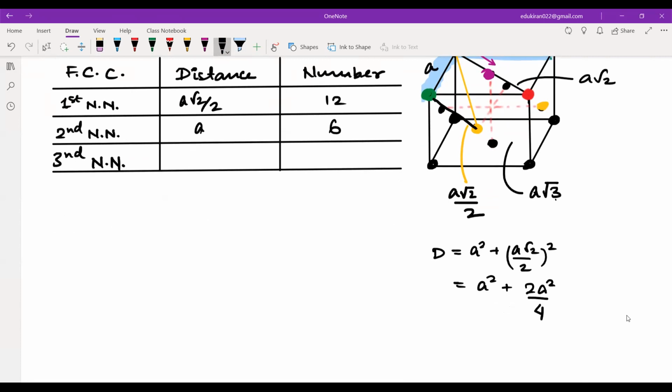Now it is correct. So this will be equal to 4A square plus 2A square divided by 4. Correct? So this will be equal to how much? 6A square by 4, right?